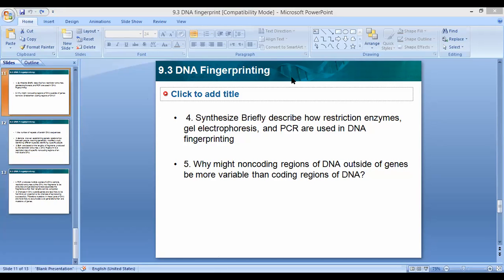PCR is polymerase chain reaction. What does it do?